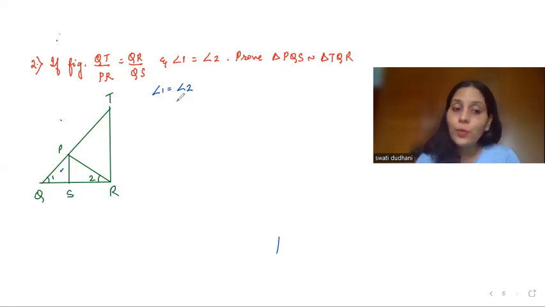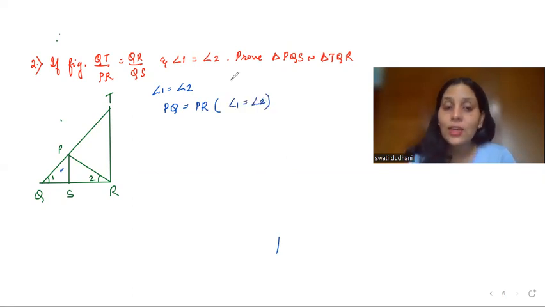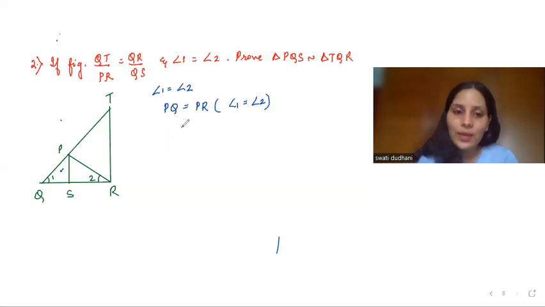First, angle 1 is equal to angle 2, it is given to us. So if angle 1 and angle 2 are equal, PQ will be equal to PR. Reason: angle 1 and angle 2 are equal. We know that in a triangle, if the angles are equal, the corresponding sides are also equal. So PQ is equal to PR.